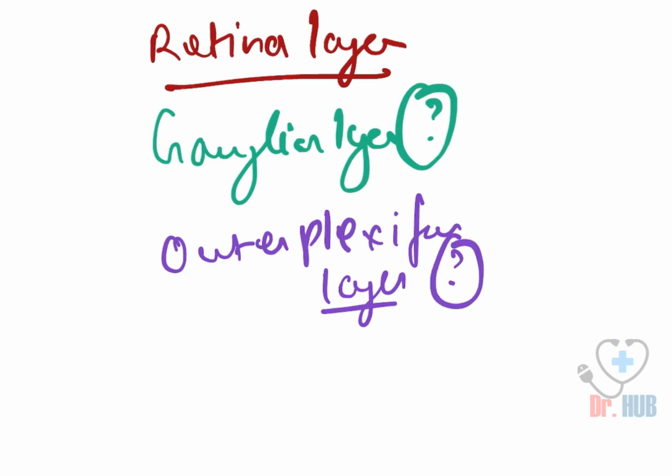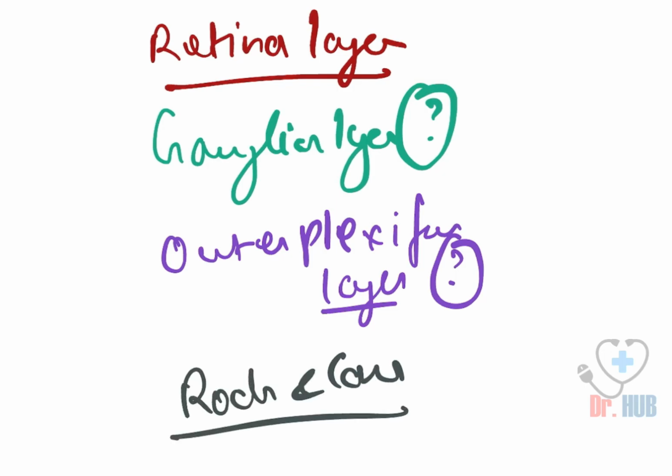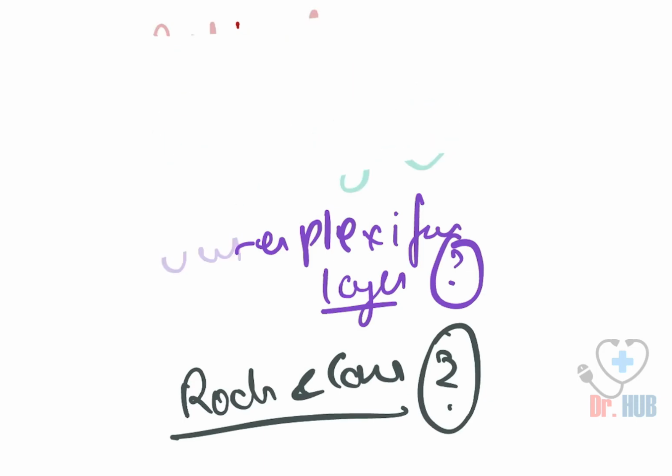So what are the layers which are towards the inside and outside? Next is rods and cones. So what are the layers next to the rods and cones? So we'll find out these answers in this video.